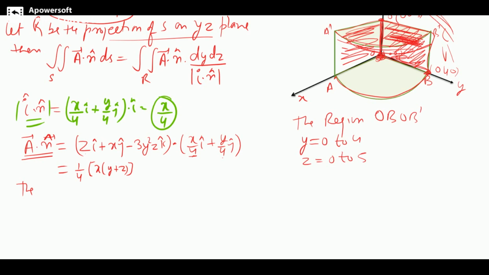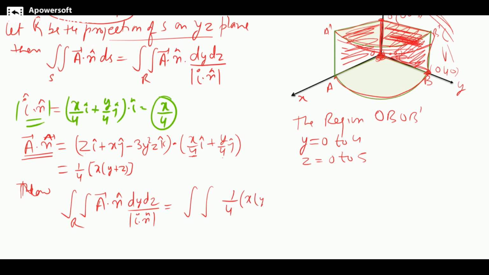Now the double integral of A dot n cap dy dz over I dot n cap is the double integral of 1 by 4 x times y plus z, dy dz, divided by x by 4.